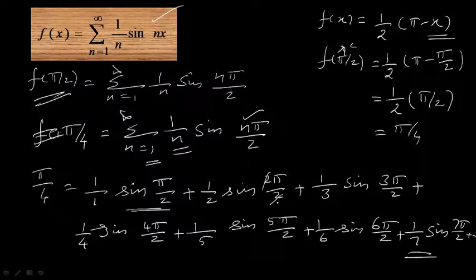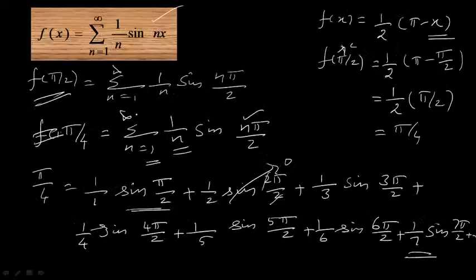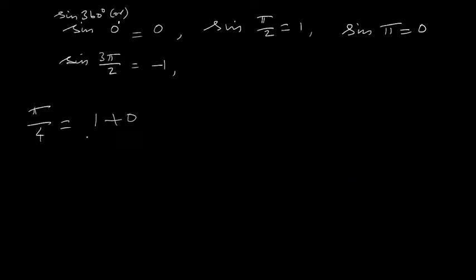The value of sin pi is 0. So the second term becomes 0. Plus 0. Coming to the third term, you have 1 by 3 sin 3 pi by 2. Sin 3 pi by 2 value is minus 1. Minus 1 times 1 over 3 is minus 1 by 3. That is your next term.